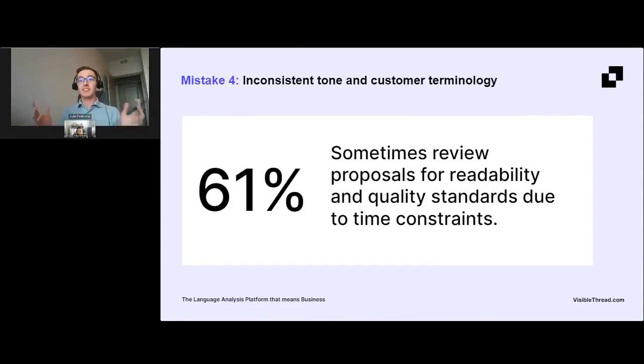I'd love that sometimes to be always, but the time constraints there is key. You're overburdened. We're getting things late in the process. Ultimately, we want to be able to more quickly review our proposal content, in this case, for consistent tone and to reiterate customer language before it goes out the door. And how can we review that beyond red lines and comment bubbles?